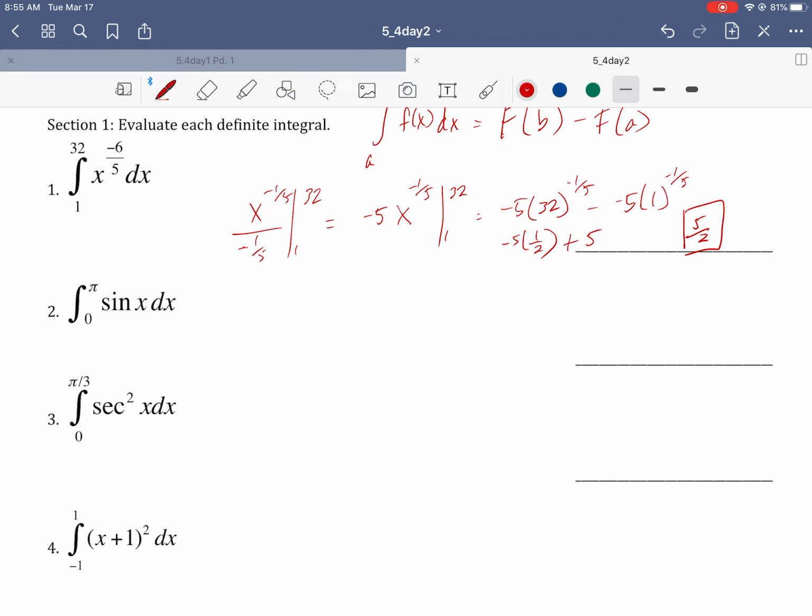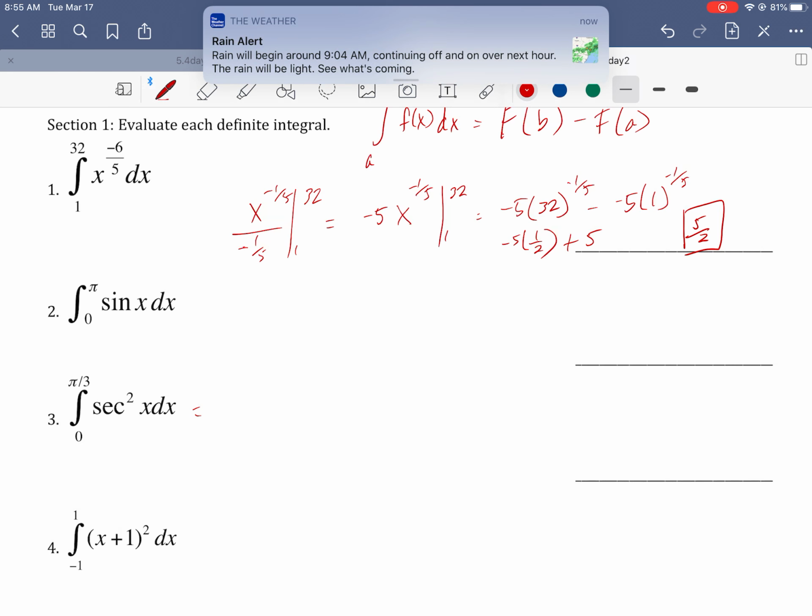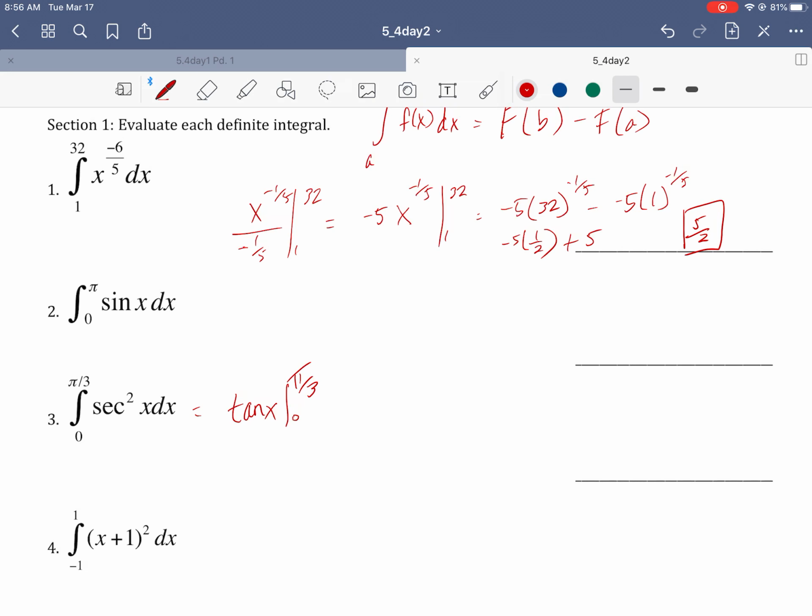Let's take a look at the secant squared one, for example. So secant squared, if that's on the quiz, well, now it's open notes on everything anyway, but secant squared would be given naturally. It returns back to tangent x from 0 to pi over 3. We put in pi over 3 first, put in 0 second, go to your unit circle.